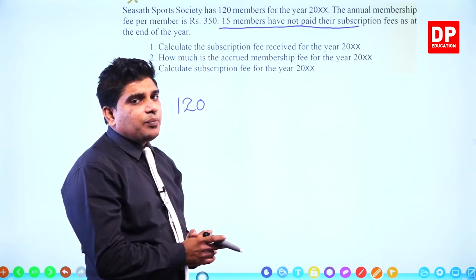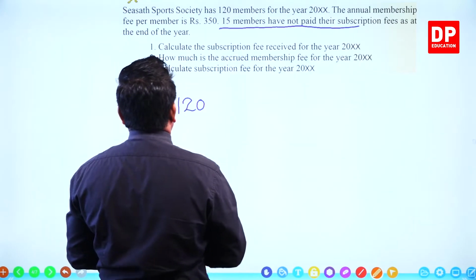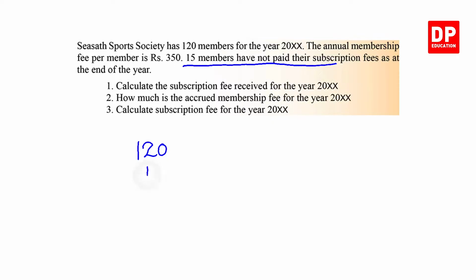They didn't pay their payments for this year. Then how many members have paid? 120 minus 15, how much? 105 members have already paid. Membership fees, how much? Annual membership fee is 350.